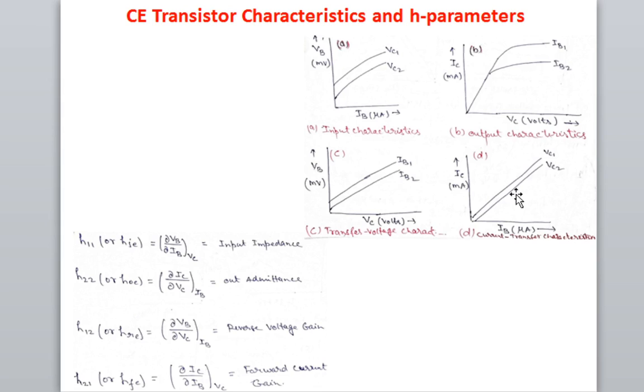So these are the 4 characteristics curves, and the 4 characteristics curves give 4 transistor parameters. This is quite similar to the common base transistor, where we also have 4 characteristics curves: input, output, transfer voltage, transfer current. Here also we have 4 H parameters. I hope you understood.